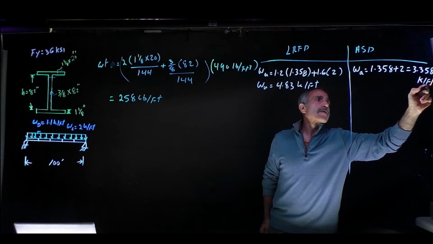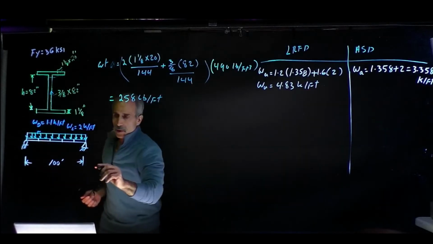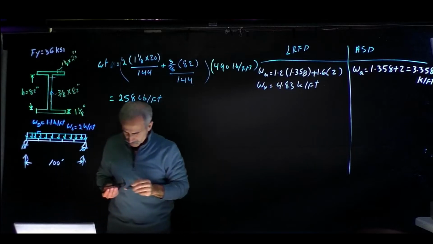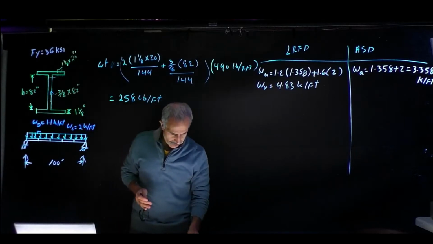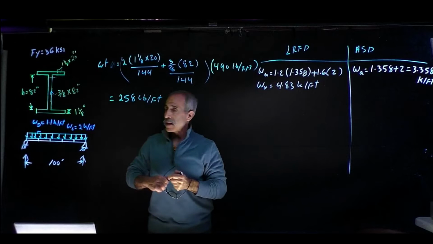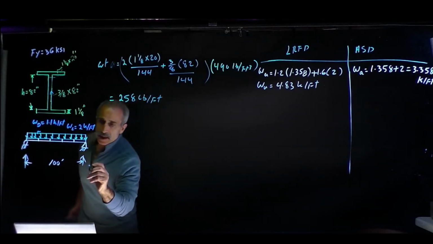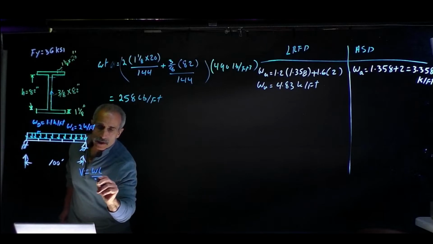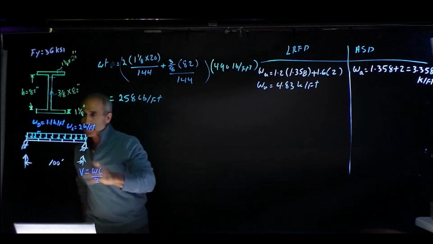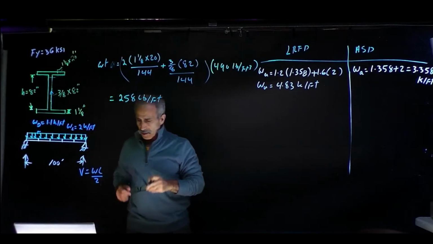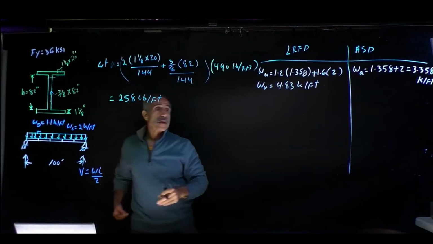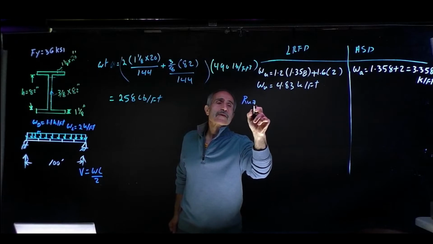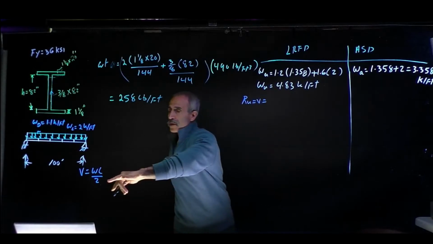Now we want to know what the reaction is right here for both of these. Of course, you know that V comes out to WL divided by 2 because it's uniformly distributed loaded. Therefore, RU is equal to V, which is equal to WL divided by 2.